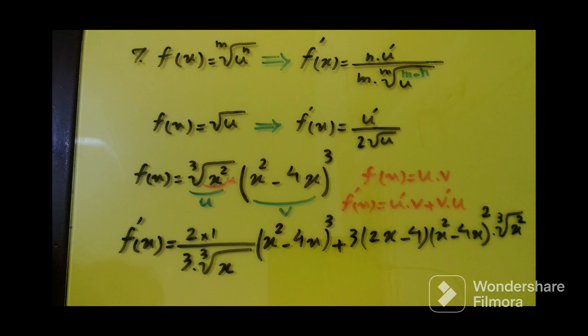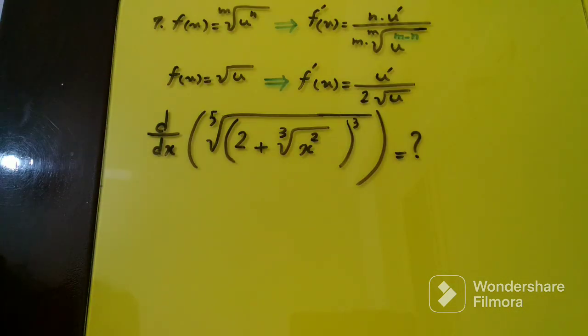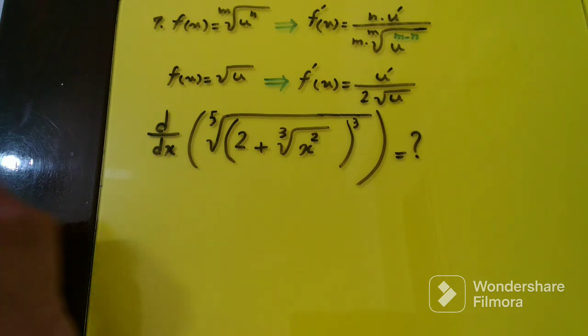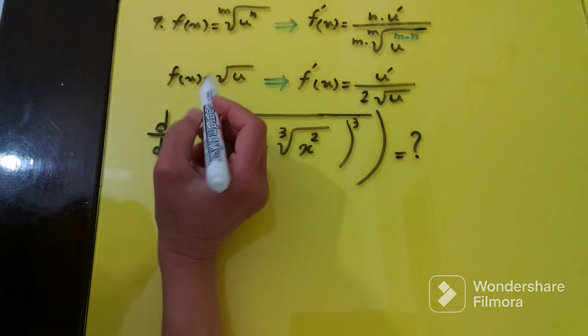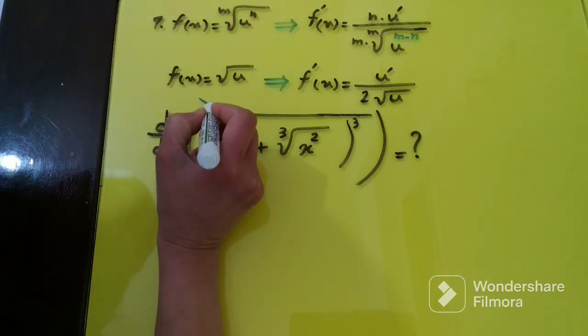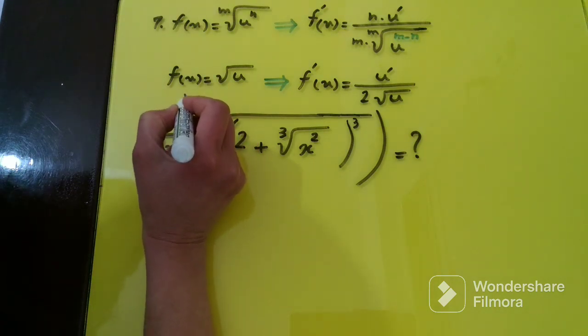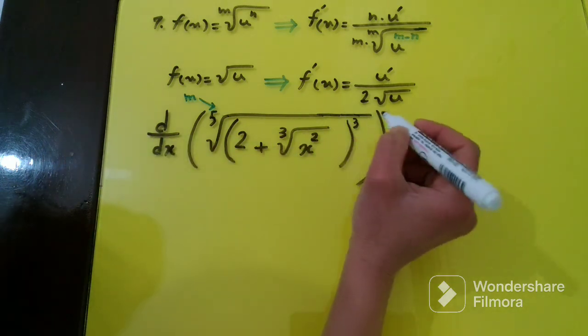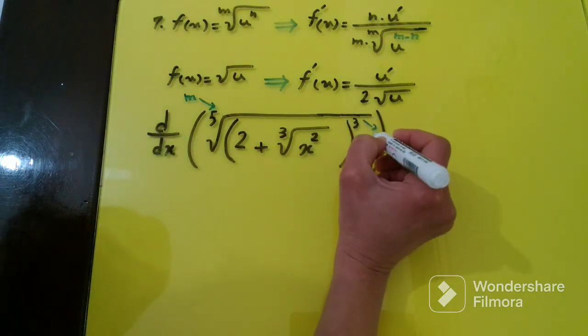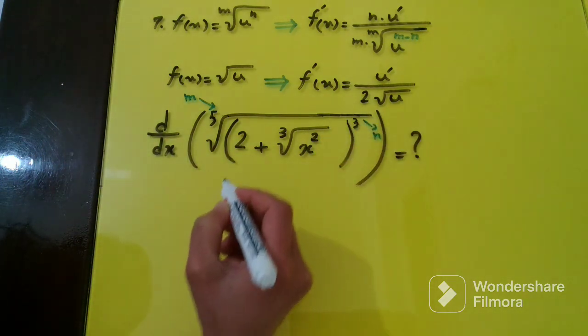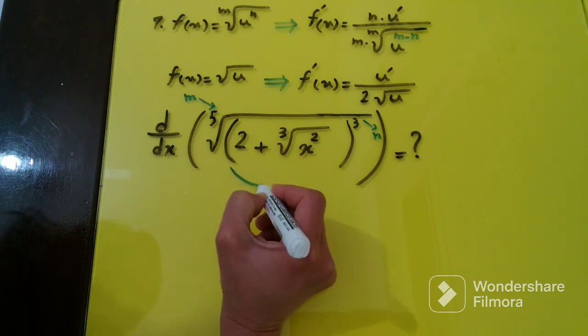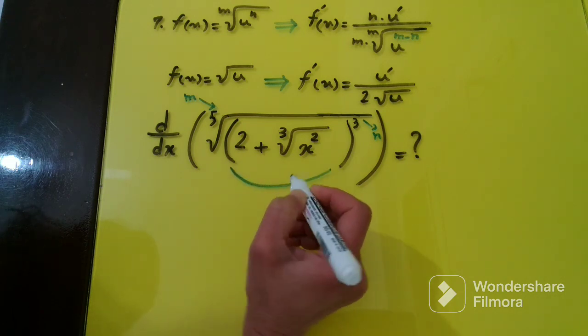Okay, guys. Next problem. In this problem, as you see, m is 5 and n is 3. This term is u.